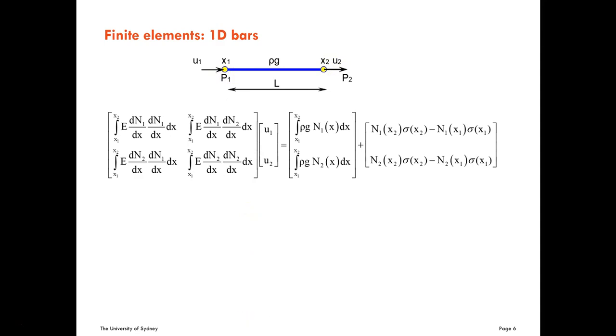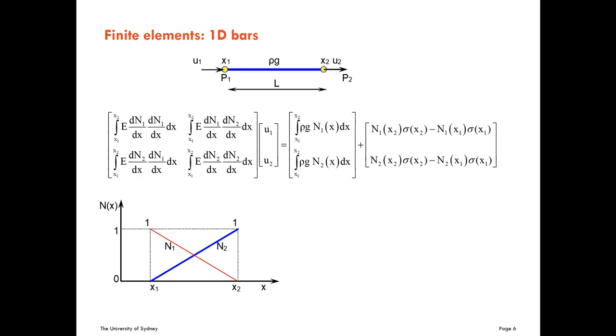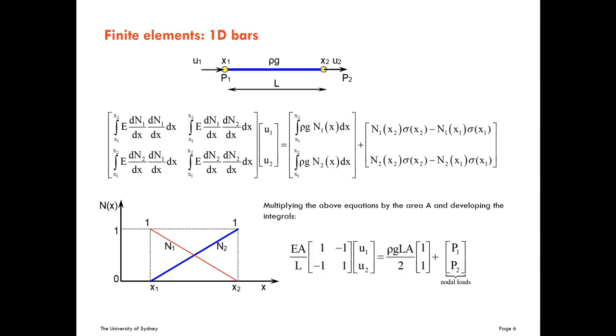So these are the interpolation functions for this problem. So I'm going to multiply all these equations by A on both sides, and I calculate the integrals, and I am going to get these results. So it's going to be your modulus, area of the element, length of the element.